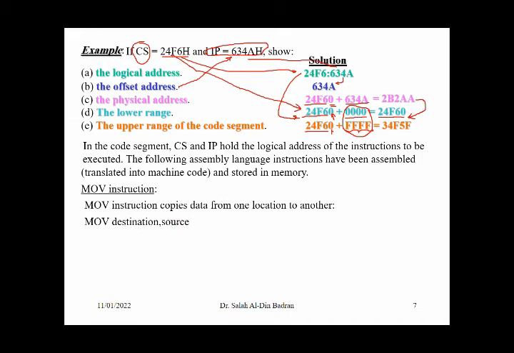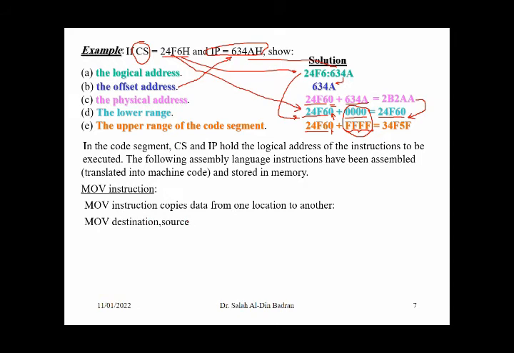Don't confuse it with the meaning of move in English, which means to leave the place where you are and go to another place. Here it means stay in your place, just take a copy of the contents of the source and add it to this destination.